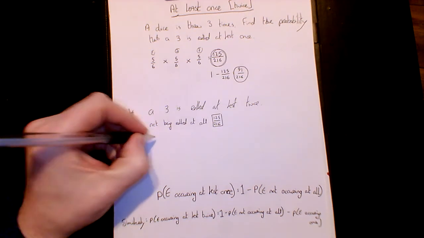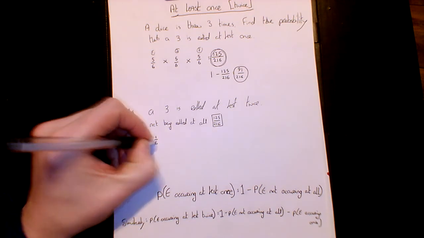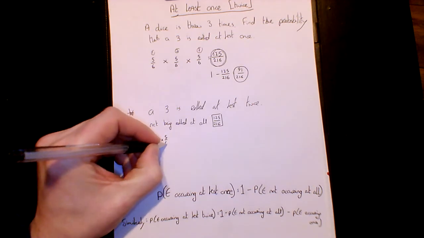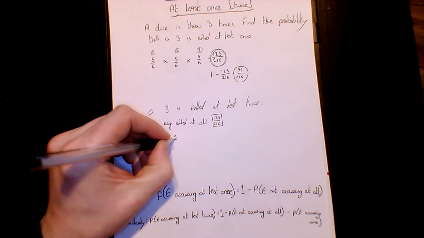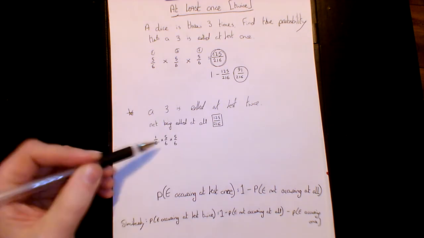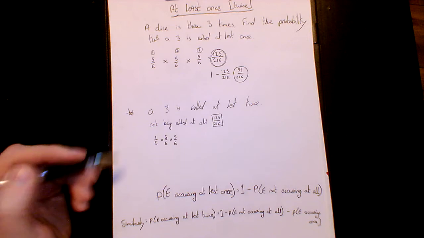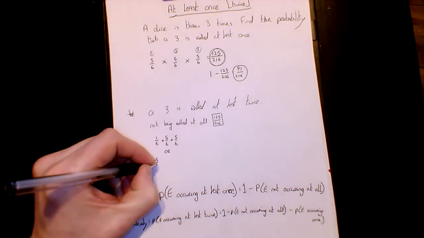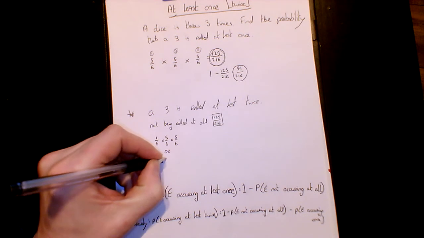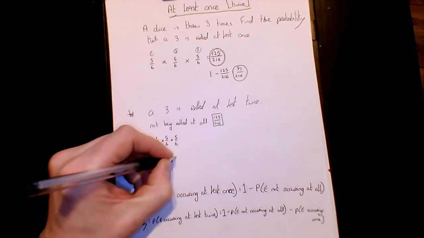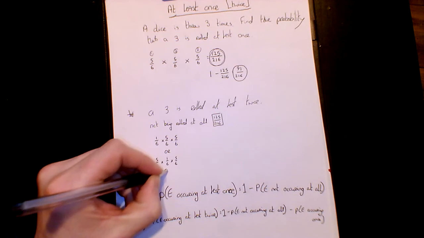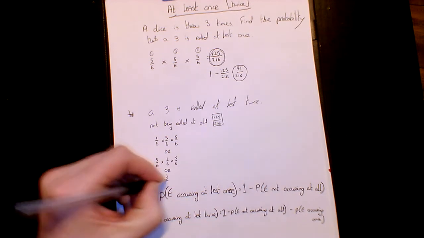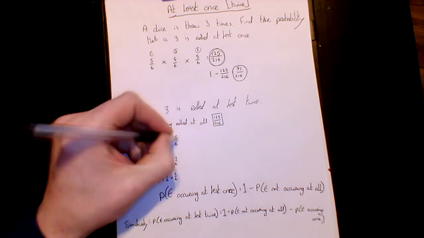Well, let's look at the probability of it being rolled the first time. So 3 is rolled there, and it's not rolled here, and it's not rolled here. So I could roll it the first time, not roll it the second time, not roll it the third time. Or I could not roll it the first time, roll it the second time, not roll it the third time. Or I could not roll it the first time, not roll it the second time, and roll it the third time.